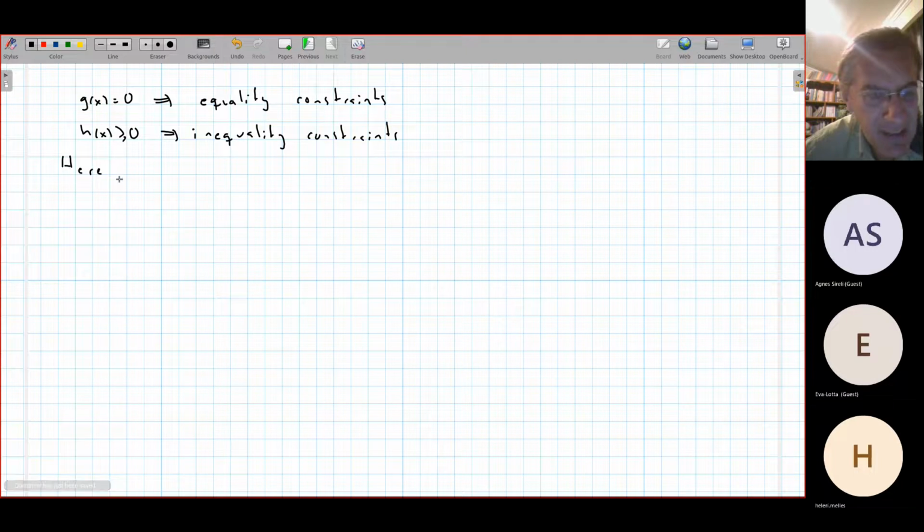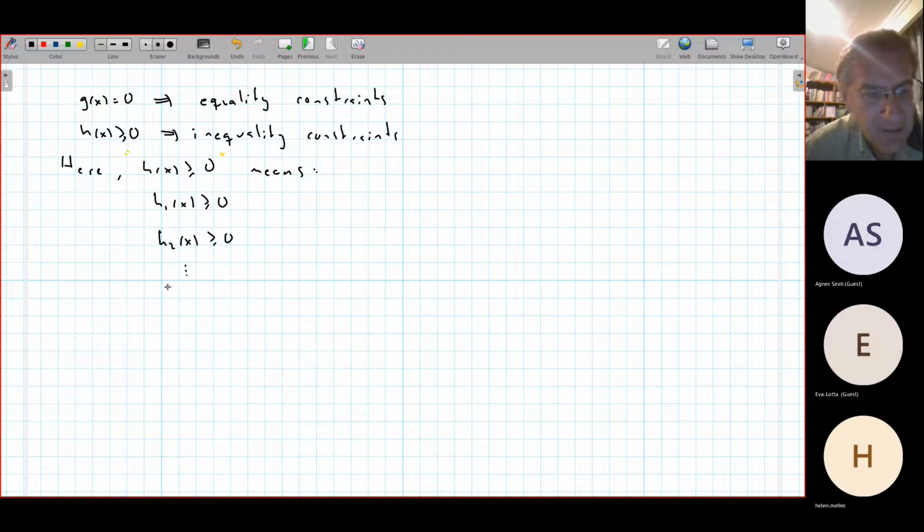In this case, h of x greater than or equal to 0 means that h1 of x is greater than or equal to 0, h2 of x greater than or equal to 0, and so on, hl of x is greater than or equal to 0. I think some time ago we introduced this notation, right?